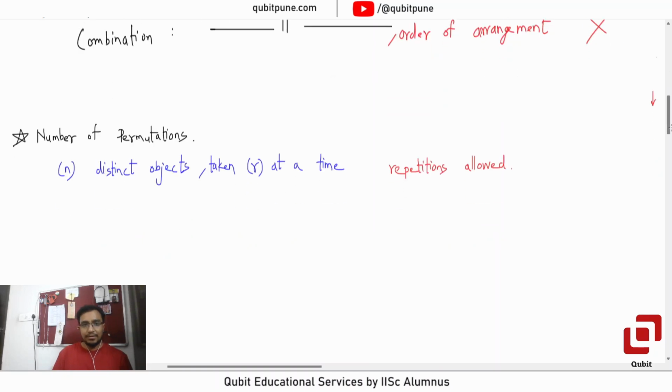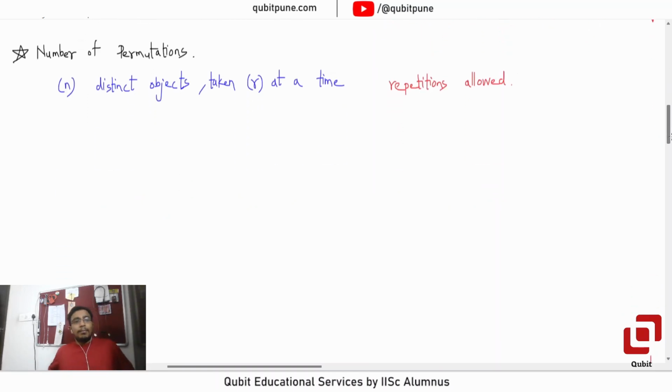Okay. First, the number of permutations. We have n distinct objects. We take r objects at a time and repetitions are allowed. Now if repetitions are allowed, what is the formula for the number of permutations? If we take r objects at a time, every time those n choices are available.